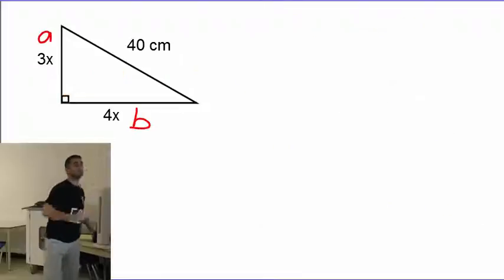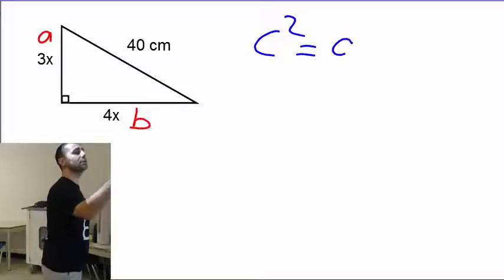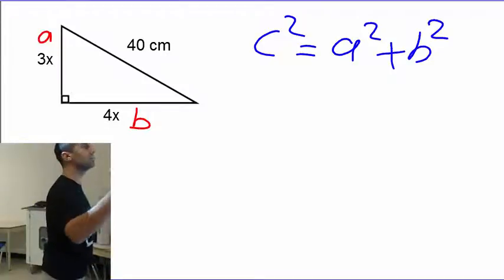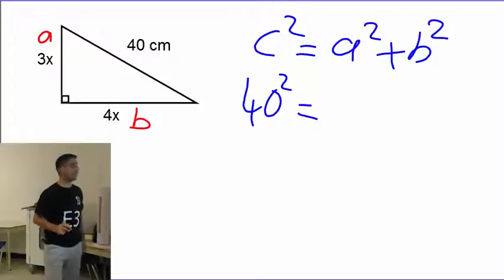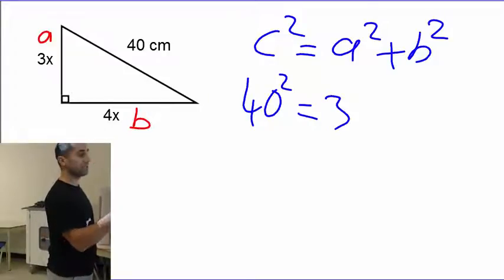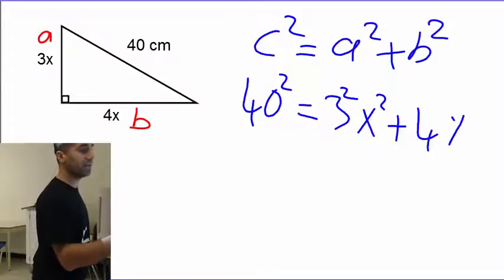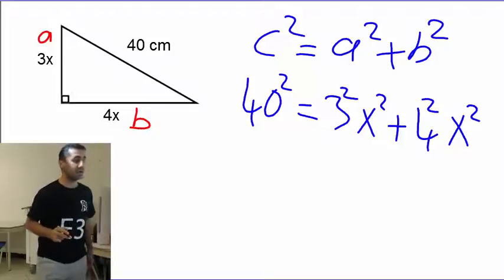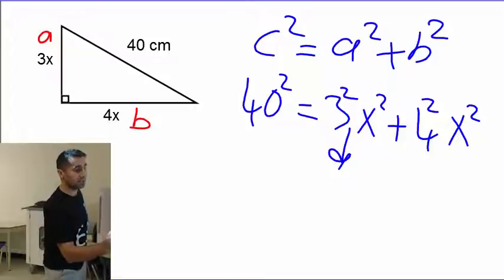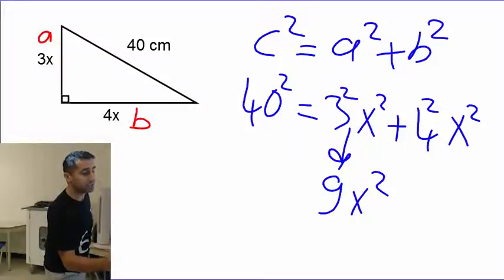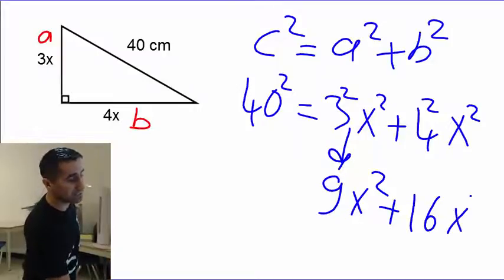And next situation, let's write down C square equals A square plus B square. C over here is 40 square equals, and then we're going to have (3x) square, and then (4x) square. And from here, this will come out as 9x square plus 16x square.